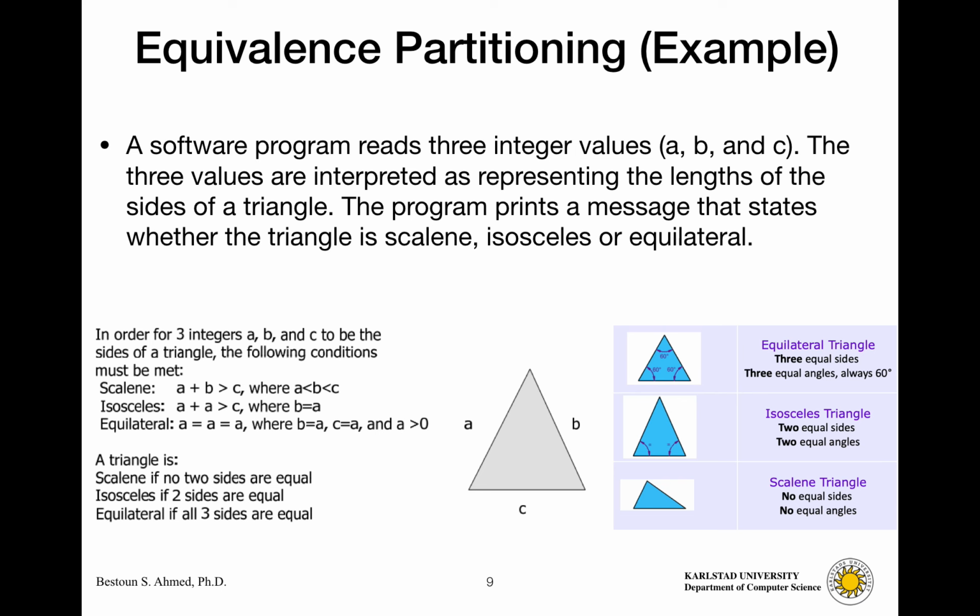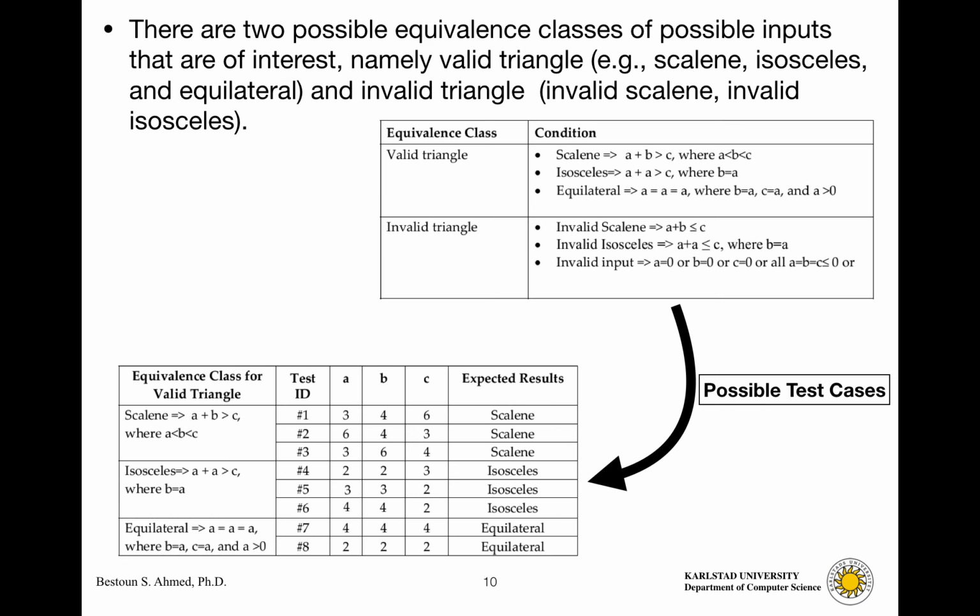You can partition these inputs. You can have different kinds of partition. It depends on which kind of input you are providing and what you are searching for. So for example, here we are partitioning the input based on valid triangle and invalid triangle.